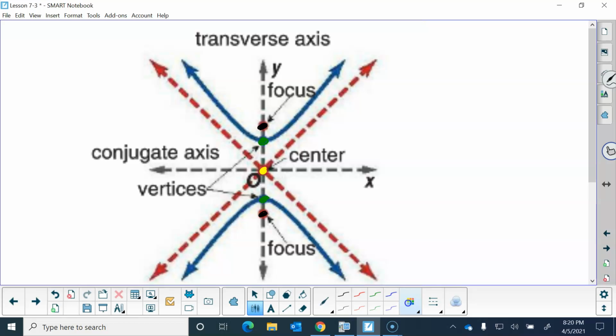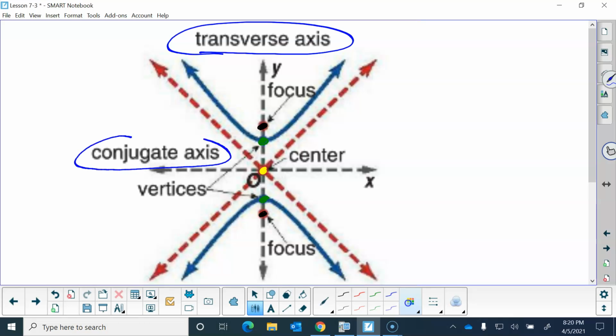Those points are inside the curves, right? And then that leads us to having 2 axes. One of the axes is called the transverse axis. That axis goes through all those points: the focus points, the vertices, and the center. The other axis is called the conjugate axis, and that axis is perpendicular to the transverse axis, and it passes through the center.